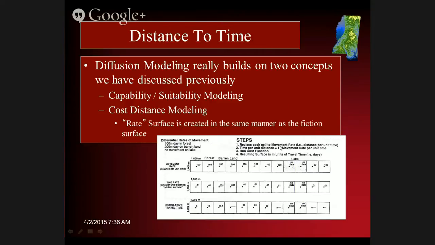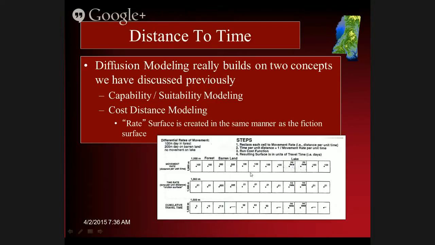So we can divide 1 by the movement rate. So instead it'll be 1 day per meter. It'll be days per meter instead of meters per day, because we're flipping it by saying 1 over. Okay. So now we've got time per unit distance here.